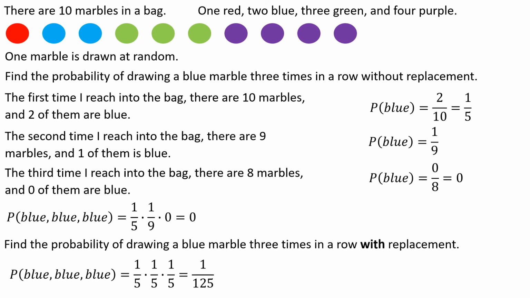And of course, if 2 out of 10 are blue, that'd be 1/5. And so if we were to replace it each time, then the probability would be 1/5 times 1/5 times 1/5, or 1 over 125. So that's still pretty unlikely, but at least it is possible.